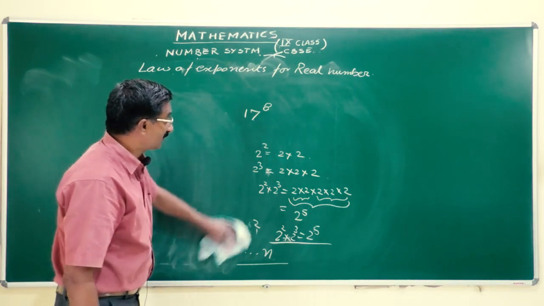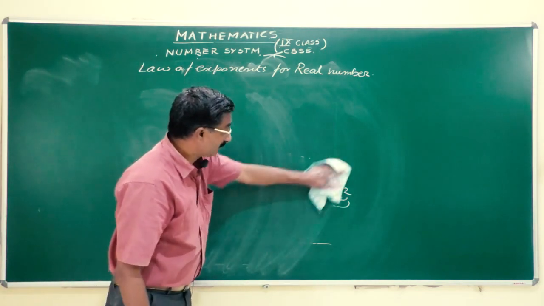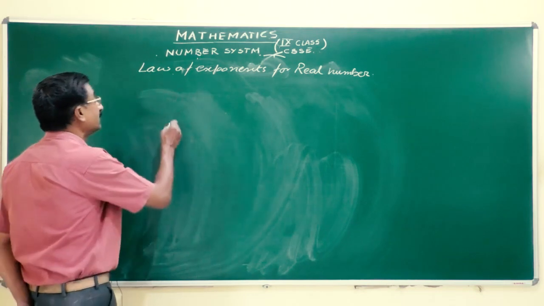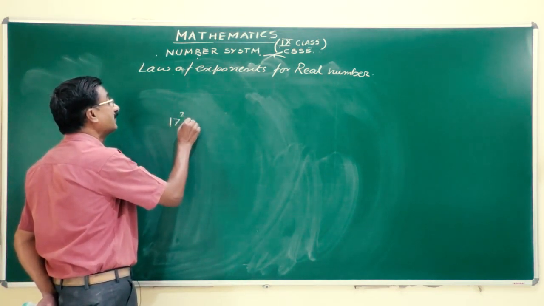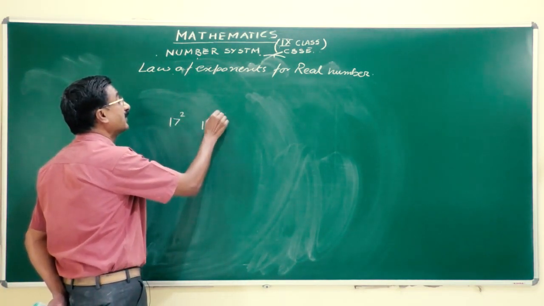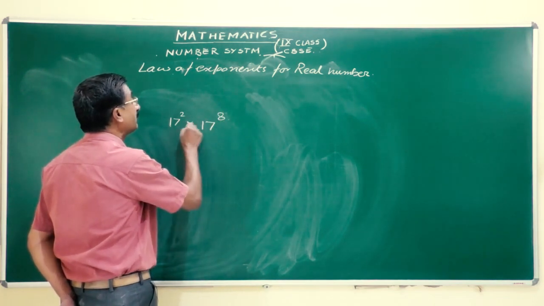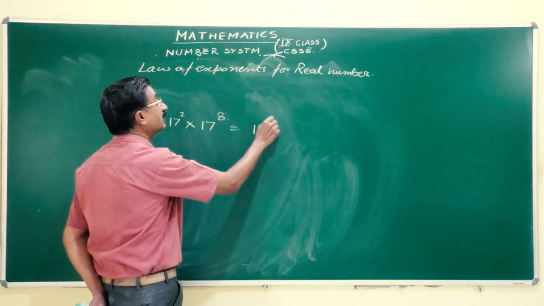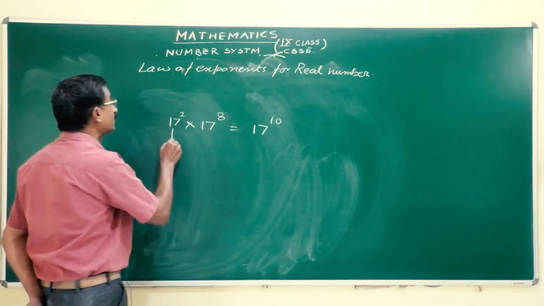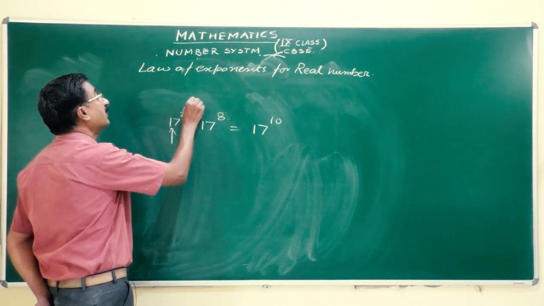If the base is common, suppose here this is 17 raised to the power 2 and 17 raised to the power 8, if you multiply this it means 17 raised to the power 10. This is called base and this is called power.